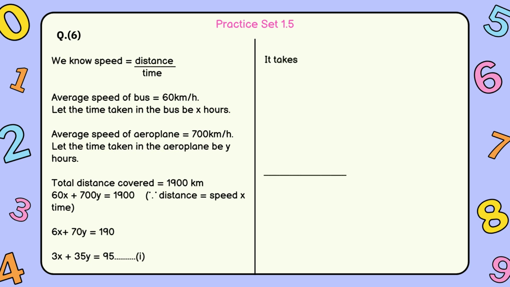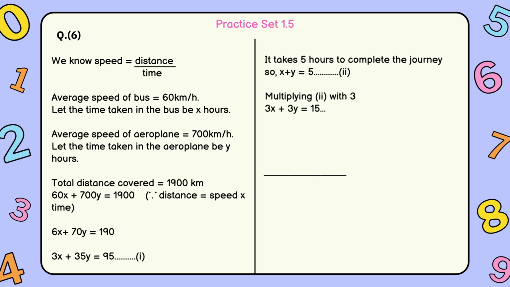The second condition that we are given here is it takes 5 hours for Vishal to travel the whole distance. And the time by both of the means is x and y. So our equation here is x plus y is equal to 5. Now to get one of the coefficients same as equation 1, we'll multiply equation 2 by 3.